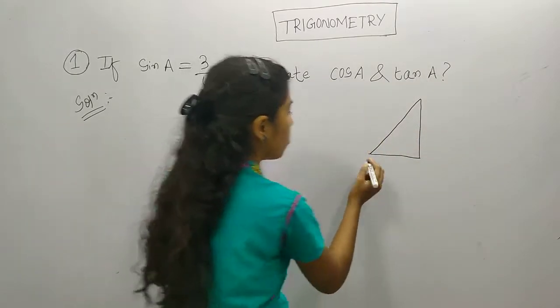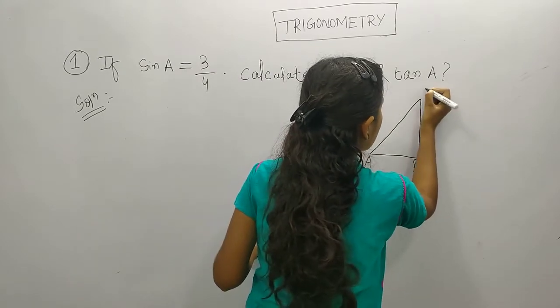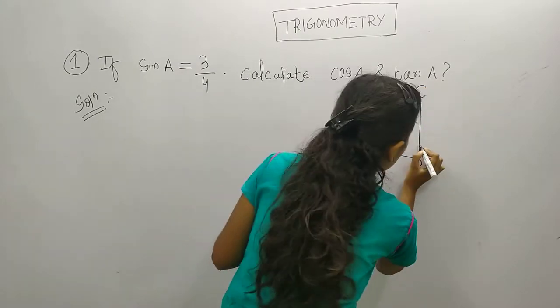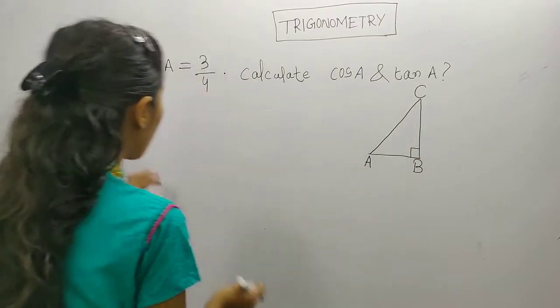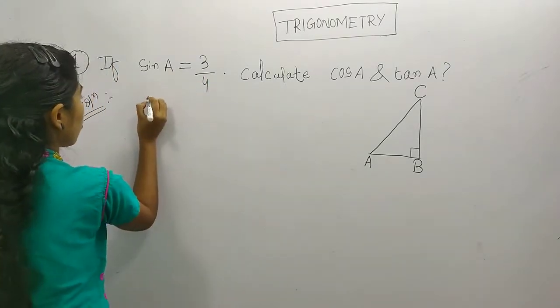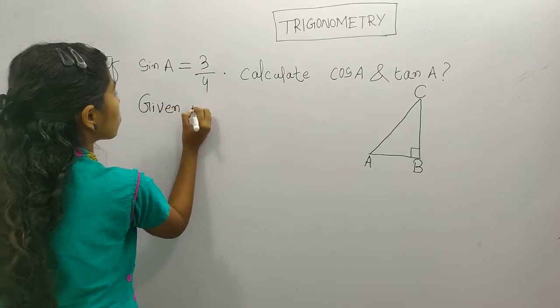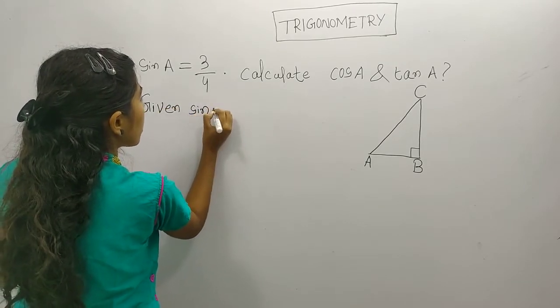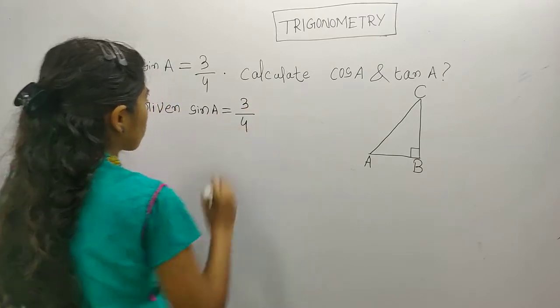This is triangle ABC. First you have to write the given: sin A equals 3 by 4.